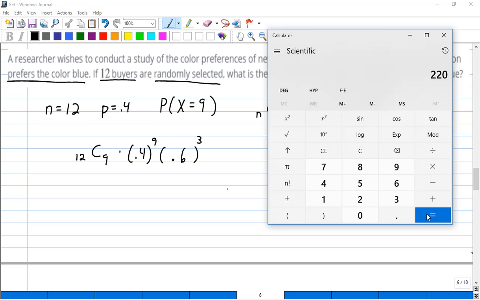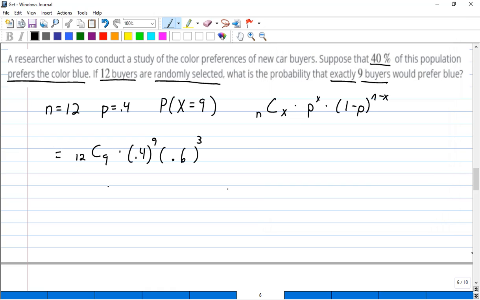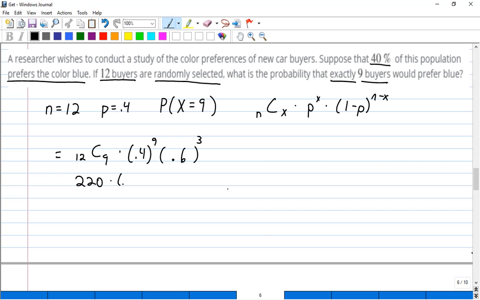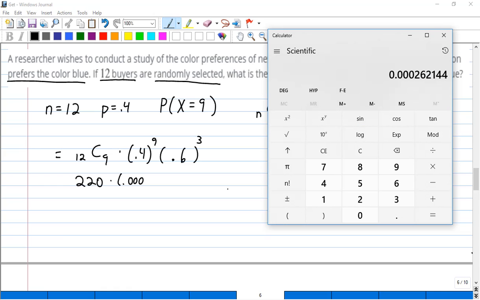Hopefully, yes. Times 0.4 raised to the 9th power. 0.002624144. It's important that we keep this as exact as we can.